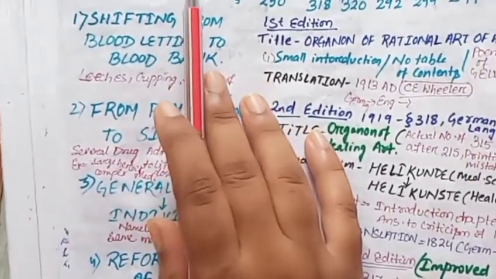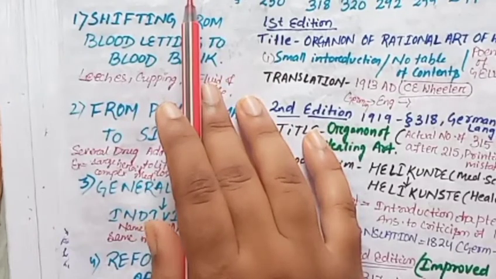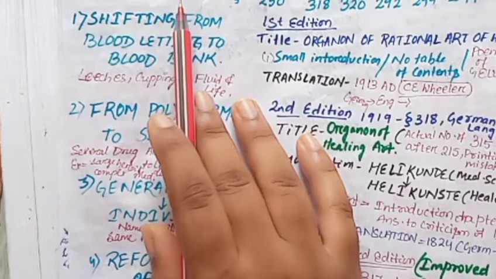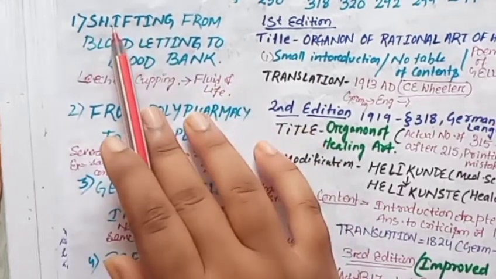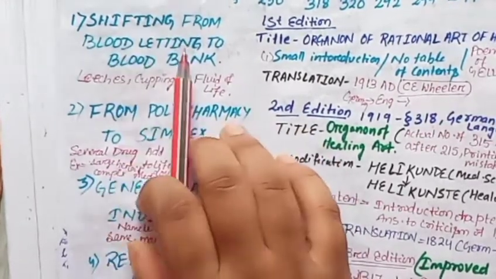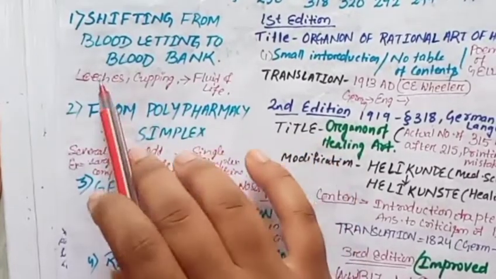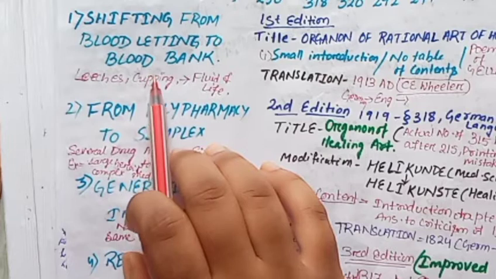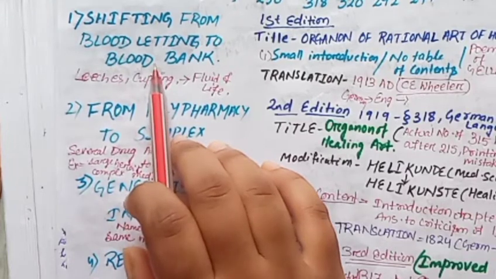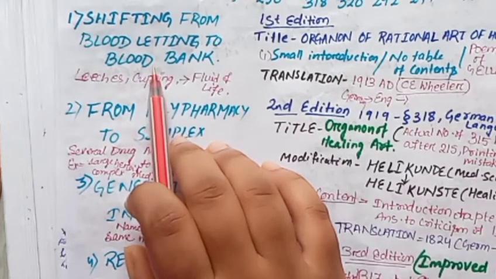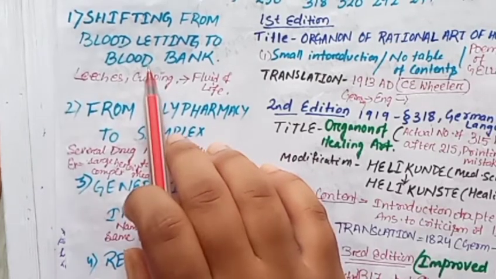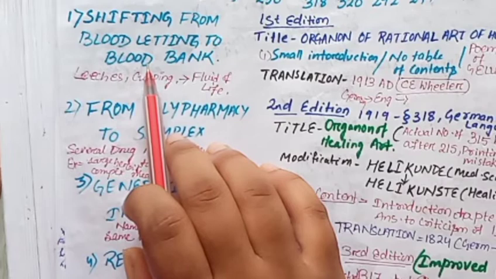Due to this introduction of homeopathy, he overcame many theories which were prevalent at that time, such as the shift from bloodletting to the blood bank, that is, by using leeches and cupping. This method was used to excrete the poisonous blood which was believed to cause disease. At that time many people believed this, so by excreting this poisonous blood they thought they would enhance the cure.